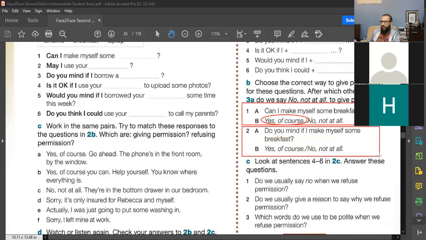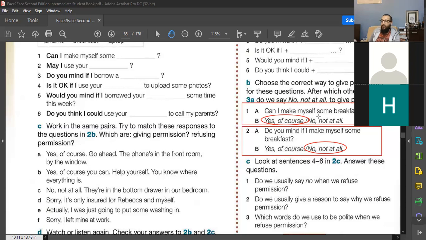How can we give this person permission? No, not at all. Yes, that's correct. Do you get this idea, Sana? Yes, because you explained it before.